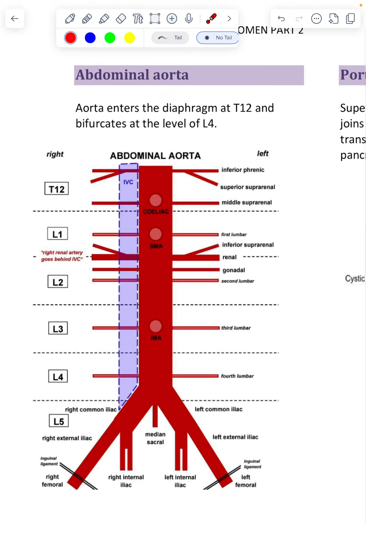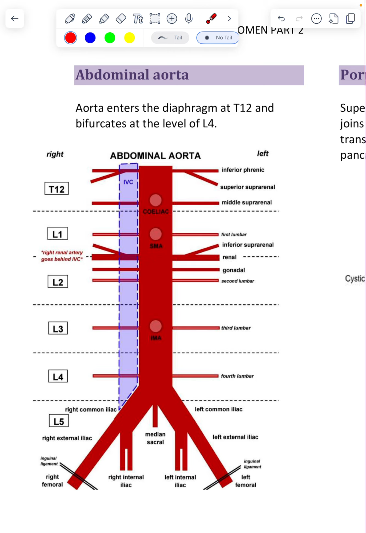These are parallel, and these are the paired branches: inferior phrenic and suprarenal. Inferior phrenic is actually paired. Then at T12 level only, there is the celiac artery. Then the superior suprarenal, middle suprarenal, and the inferior suprarenal from the renal artery.